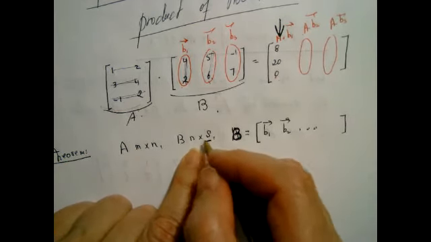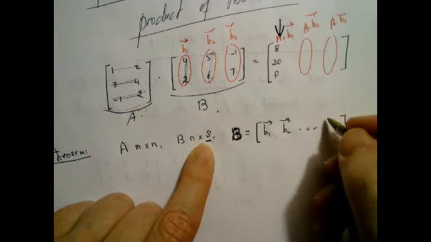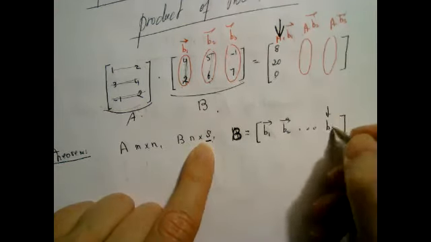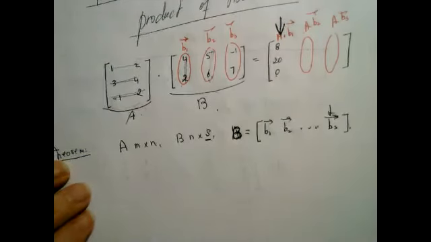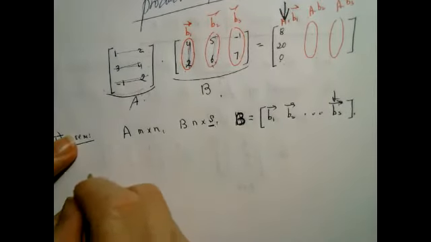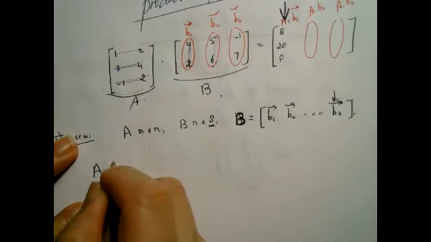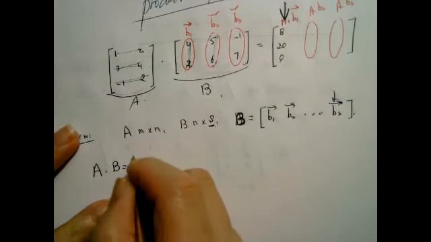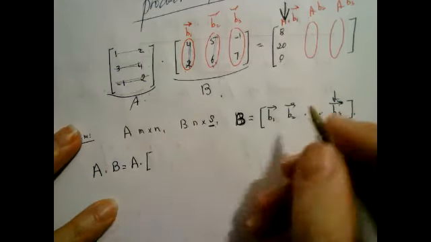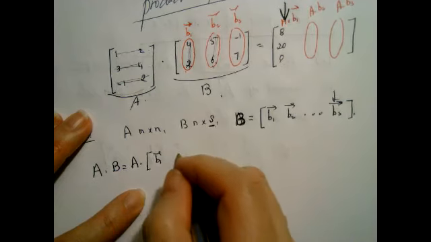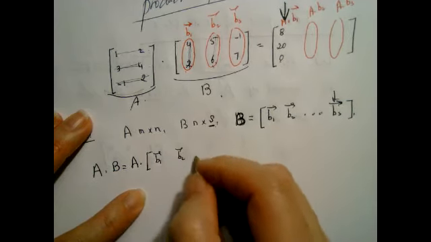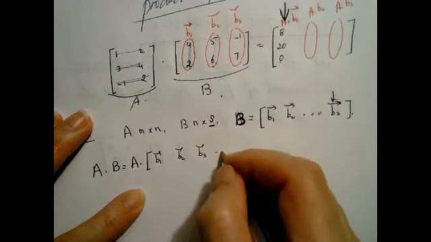If B is n by s, it means we have s columns right there. Then A times B means A times B1, B2, up to Bs. Those are the columns. I'm emphasizing the column structure of B.